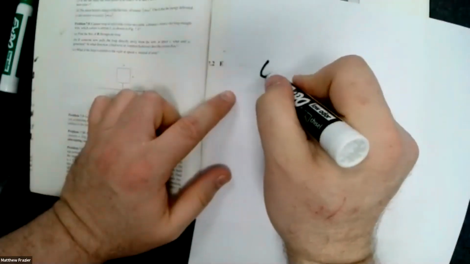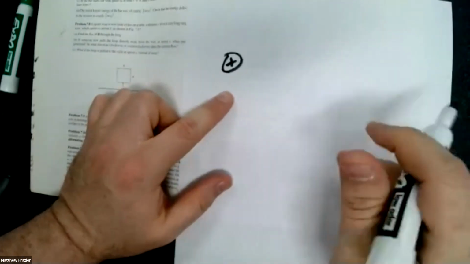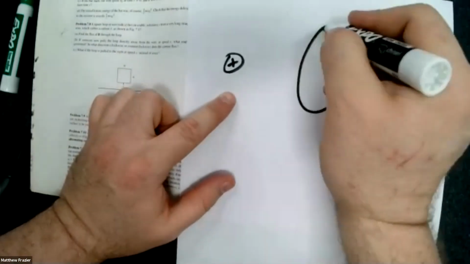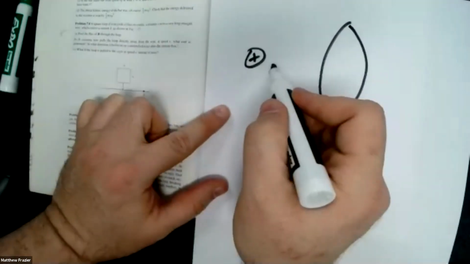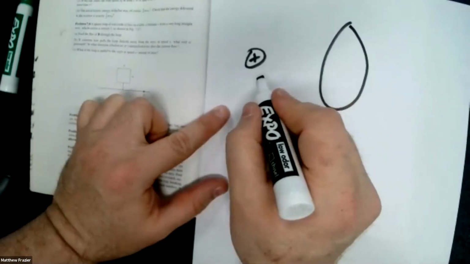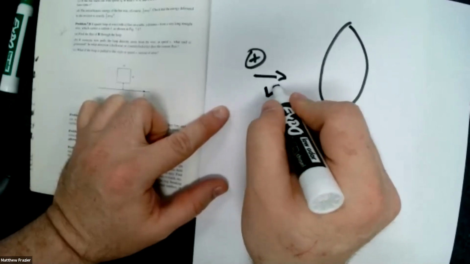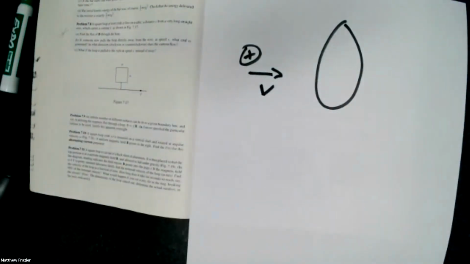All right, so let's say we have a single charge and we have a loop. All right, there's our loop. And this charge, in one case, we can say the charge moves with speed v towards the loop.